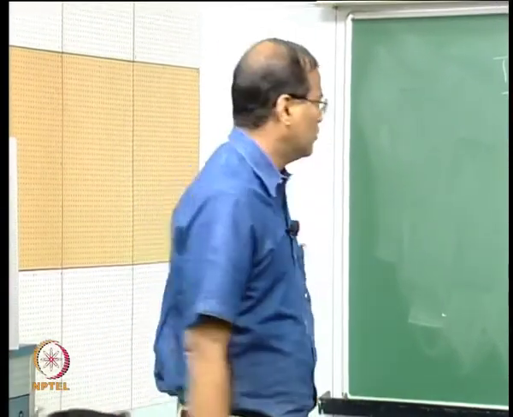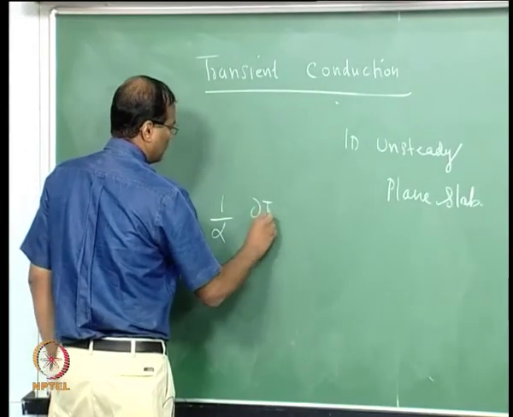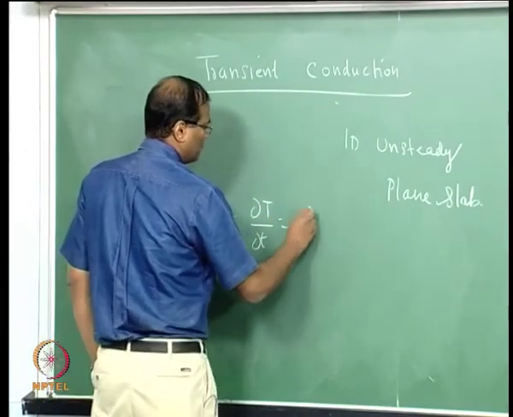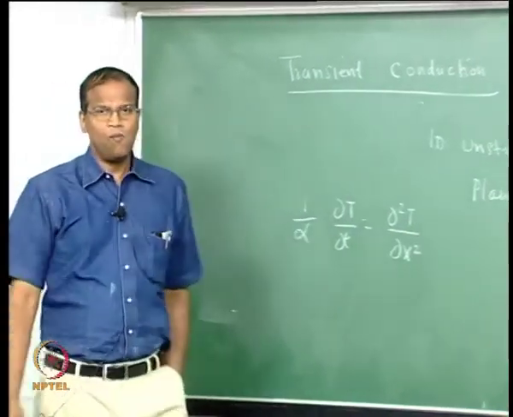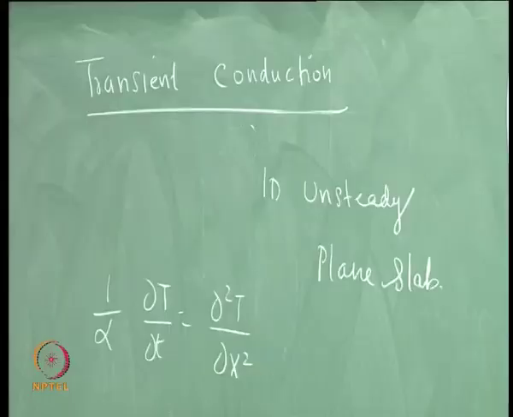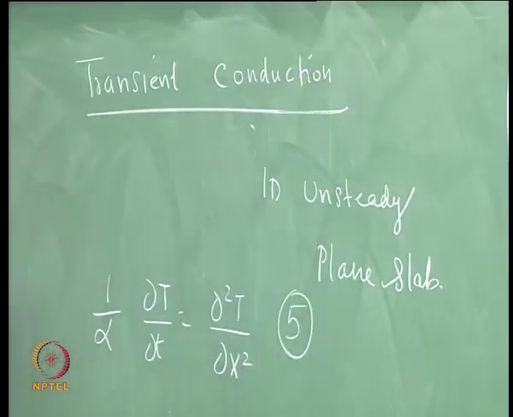Okay. So what is the equation number, 5 or 6 or 5. Alpha is the thermal diffusivity, k by rho Cp.